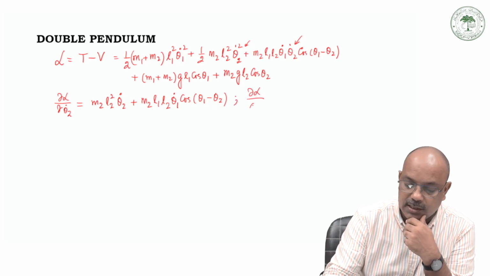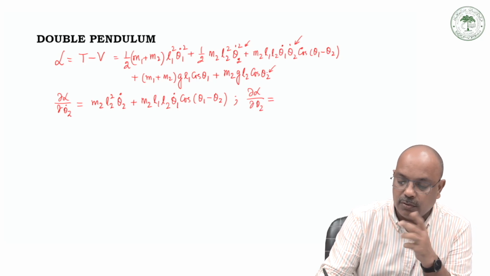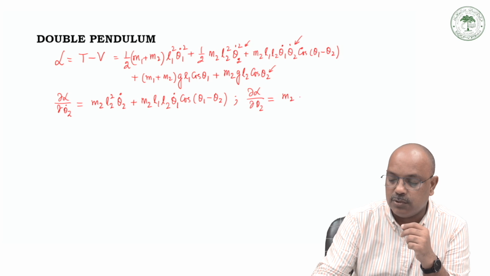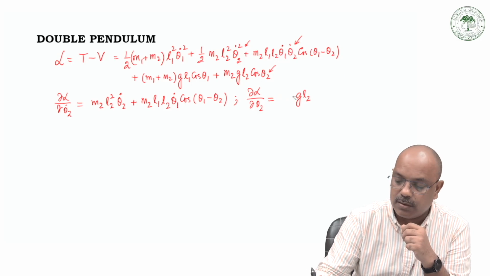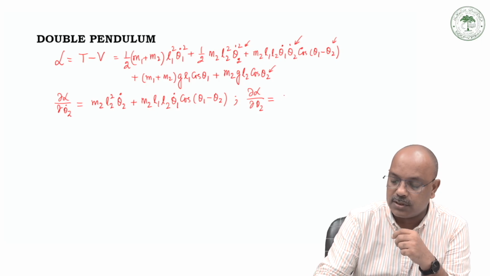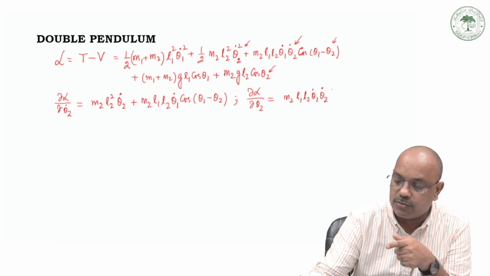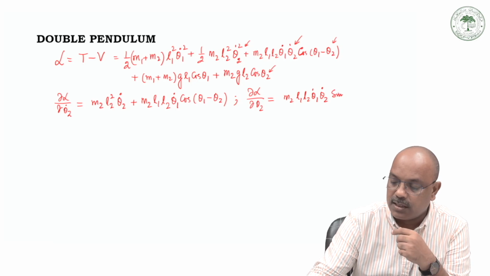Okay, and then I can have dL by d theta 2. Because theta 2 is only here in the potential term, that is m2 g L2. Theta 2 is also in the kinetic cross term, so this is m2 L1 L2 theta 1 dot theta 2 dot, and because this is cos, it becomes sine(theta 1 minus theta 2).